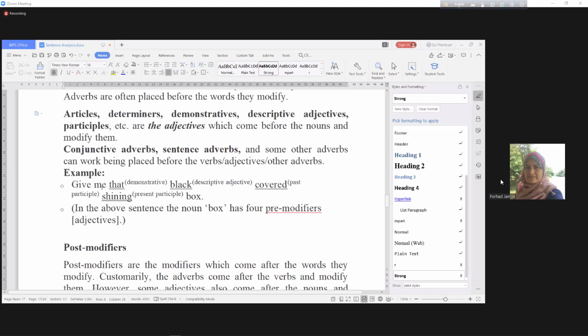One example is given here. Give me that black covered shining box. Box is the noun. We have used several modifiers here. That is the demonstrative pronoun, black is the descriptive adjective, covered is a past participle, shining is a present participle. That means there are four pre-modifiers.